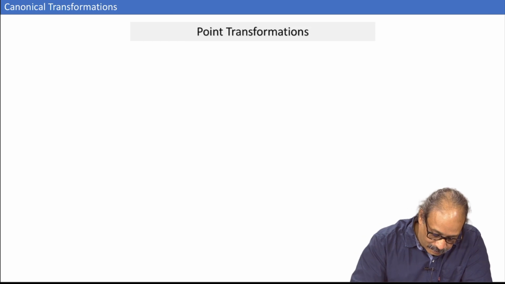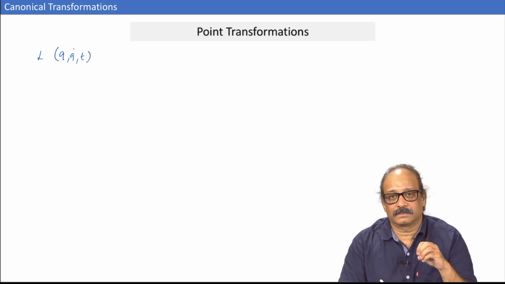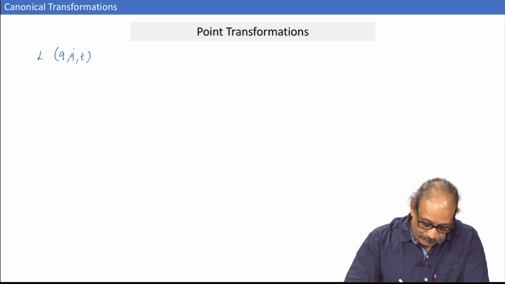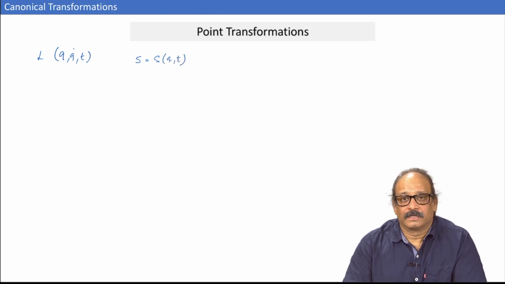So, you take variables q. So, you have a Lagrangian which is a function of q, q dot, t. So, you have a system which is described by this Lagrangian, and now what we want to do is make a transformation to some new variables s, and s of course are expressed in terms of q and t.